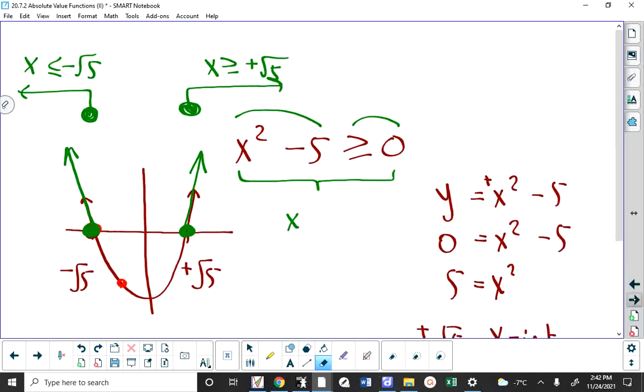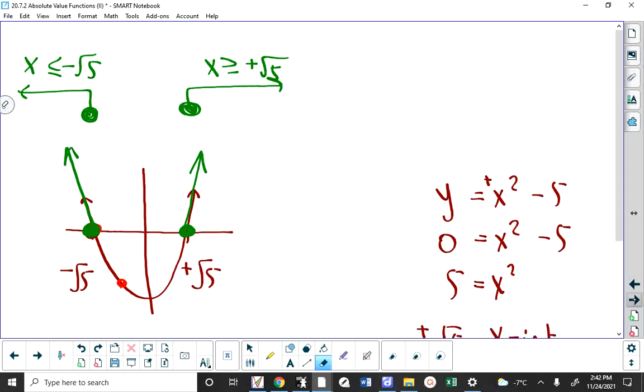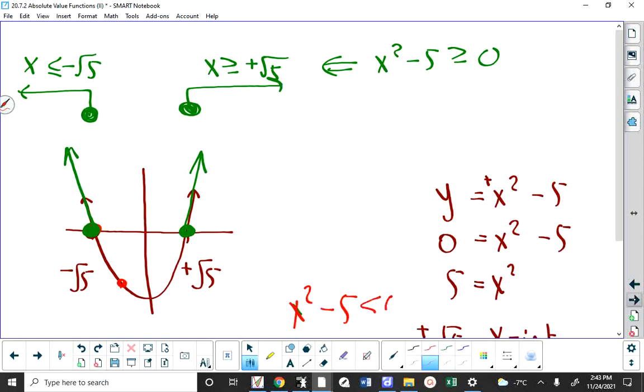Where on this graph, so these domains here that I'm writing up top, these are where x squared minus 5 was already greater than or equal to 0. Where is x squared minus 5 less than 0?